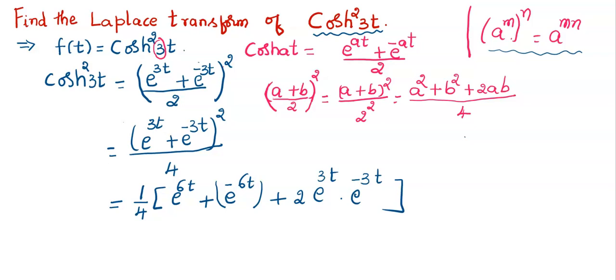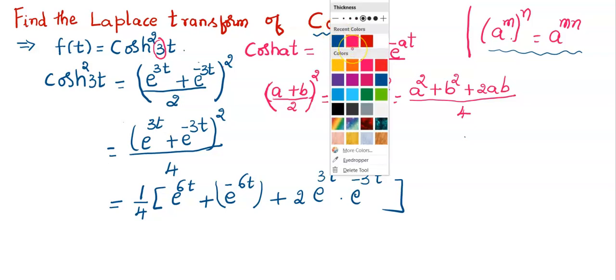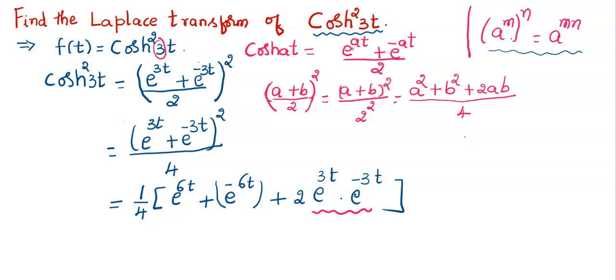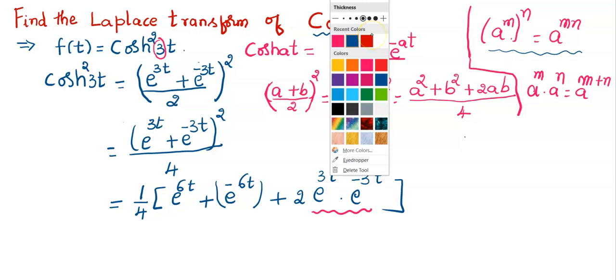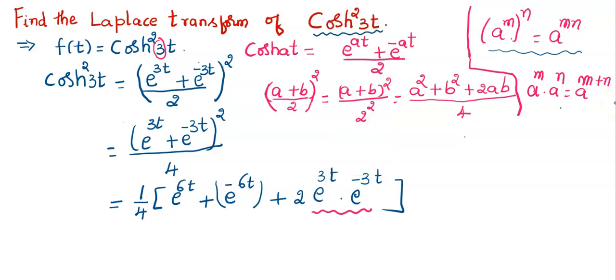Now we can observe that if the base is same, then the powers can be added. We have the law of indices a to the power of m into a to the power of n is a to the power of m plus n. So now let me adopt this formula for e to the power of 3t into e to the power of minus 3t.